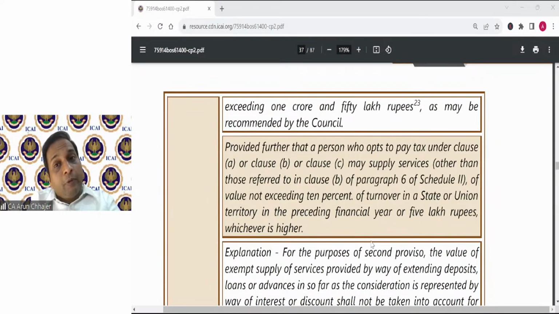But the day I provide the AMC services separately, I could be ineligible from the composition, and that was creating the problem. As a result, I could not effectively avail the composition scheme. So therefore, they have allowed that one can provide the service up to this amount. What is the amount? 10% of the turnover in the preceding financial year or 5 lakh, whichever is higher.